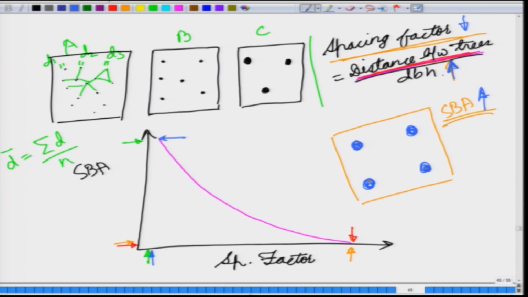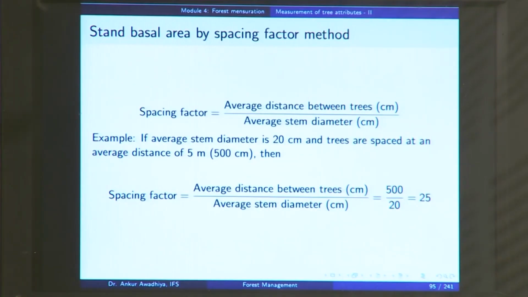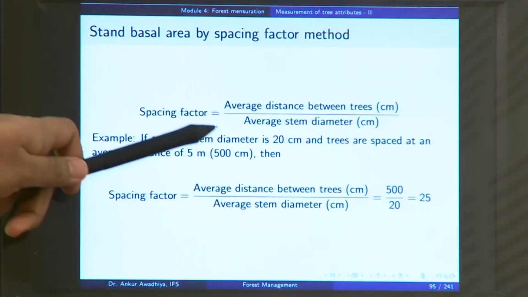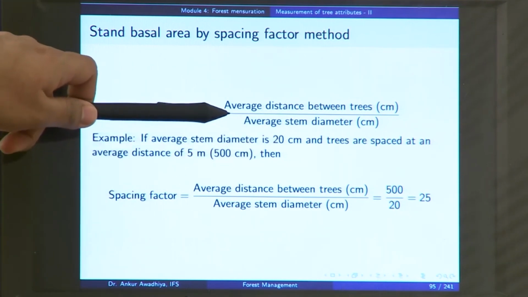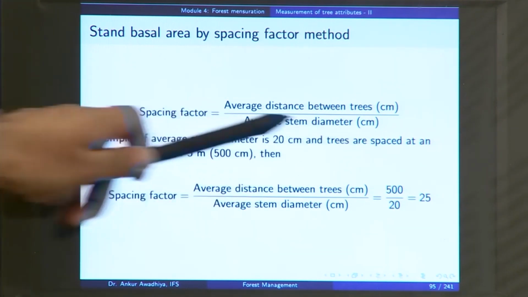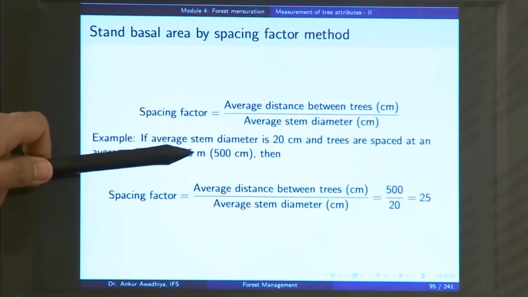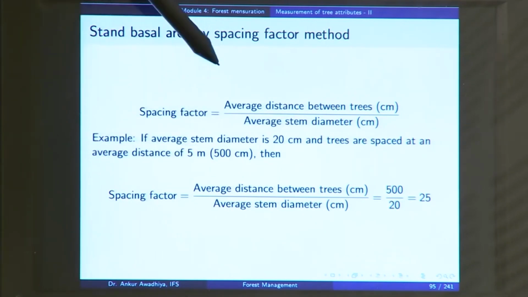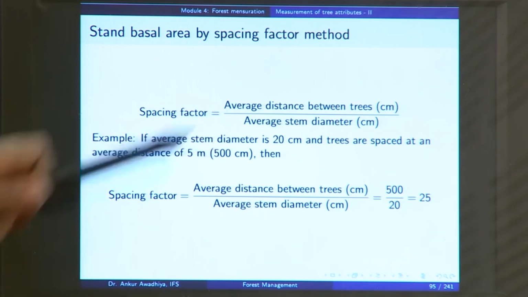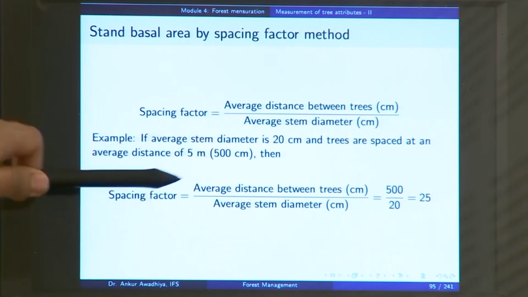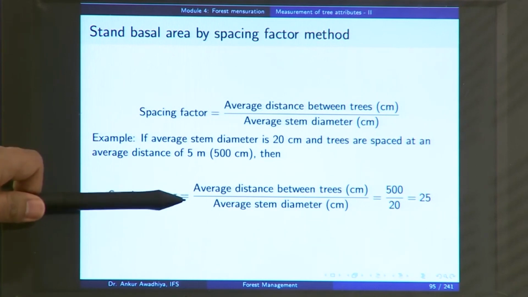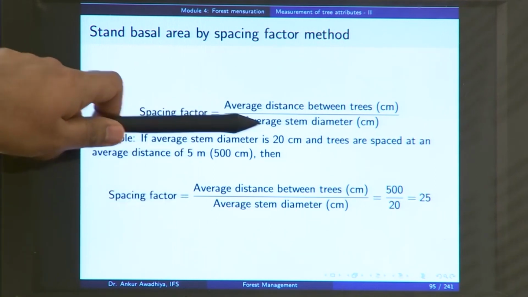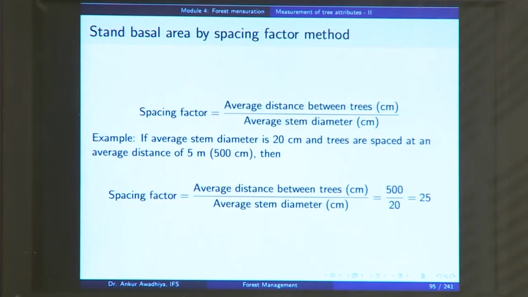Now, let us look at an example. If the average stem diameter is 20 centimeters, so the average DBH is 20 centimeters, and the trees are spaced at an average distance of 5 meters or 500 centimeters, this is the numerator. Then the spacing factor is given as the average distance between the trees divided by the average stem diameter, which is 500 divided by 20, that is 25.